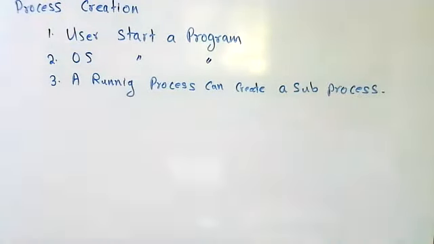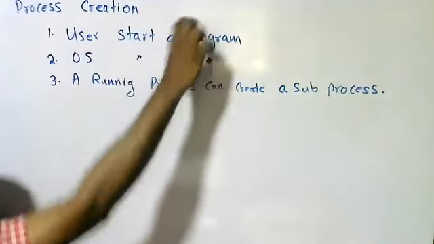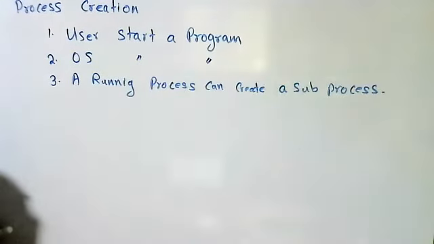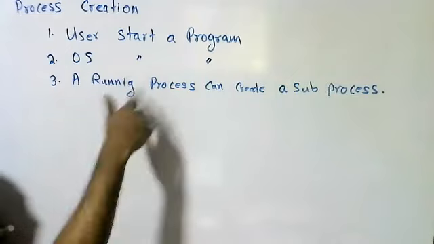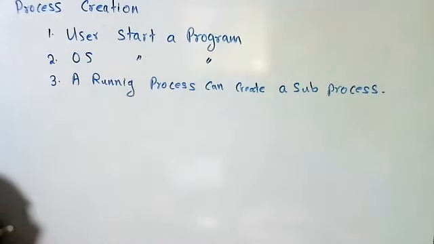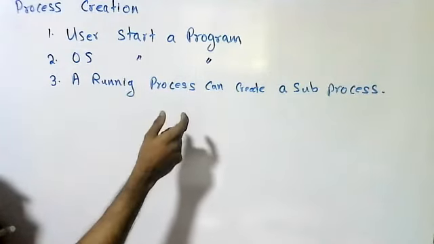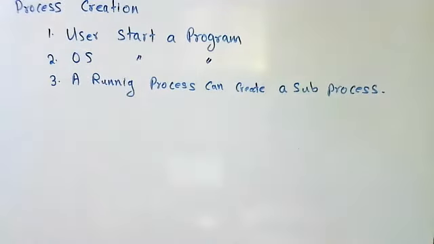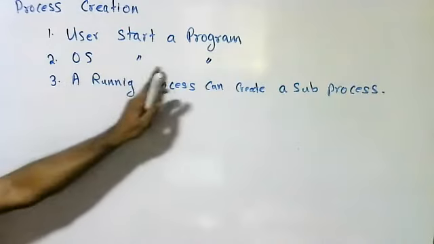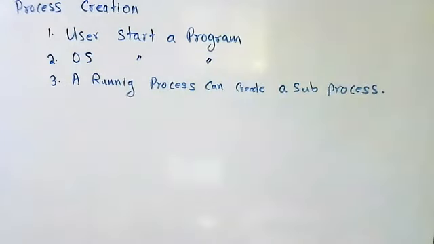Okay. A user can start a program. For example, I double click on Microsoft Word, or I double click on MS Paint, or I double click an MP3 audio file. Operating systems can start a program. While we turn on the computer, many background processes are running. We are not starting those background processes.